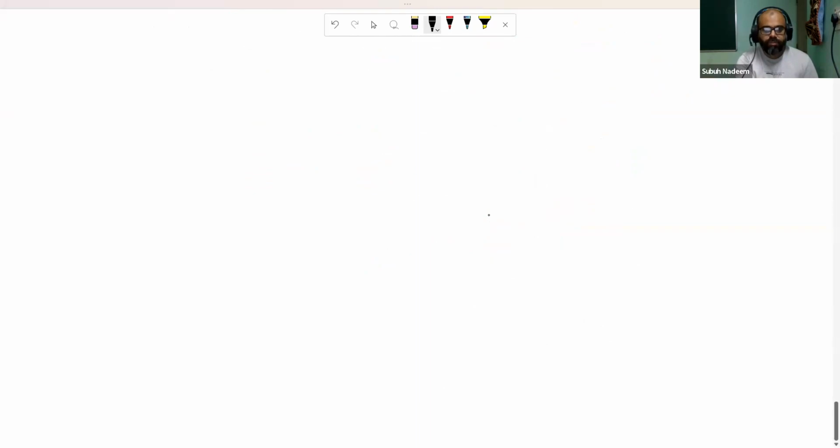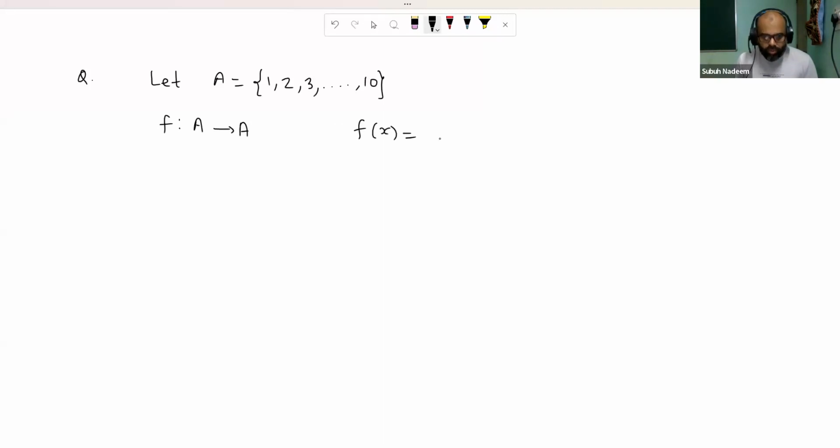Next question we have is: let A is equal to {1, 2, 3, till 10}, and f from A to A be defined as f of x equal to x plus 1 if x is odd, and x if x is even.